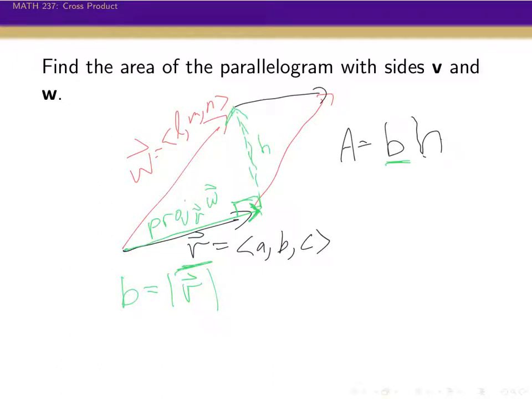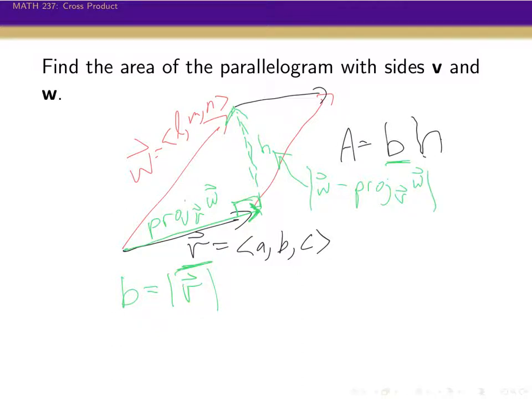Well, this height here is going to be W minus the projection of W onto V. That's giving us this perpendicular side.